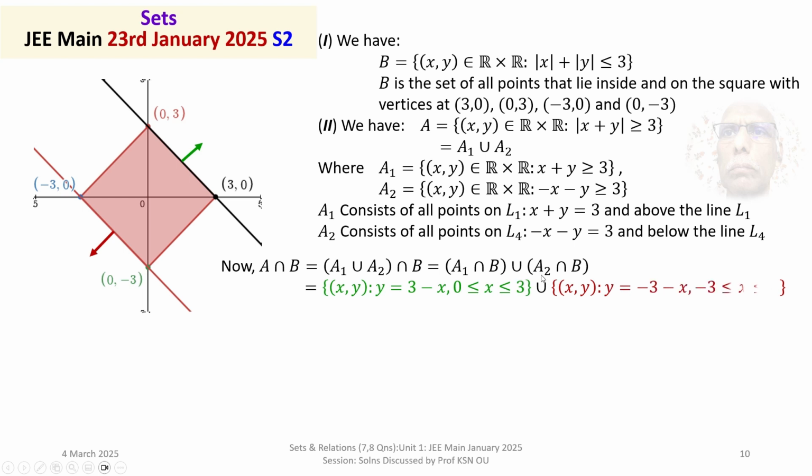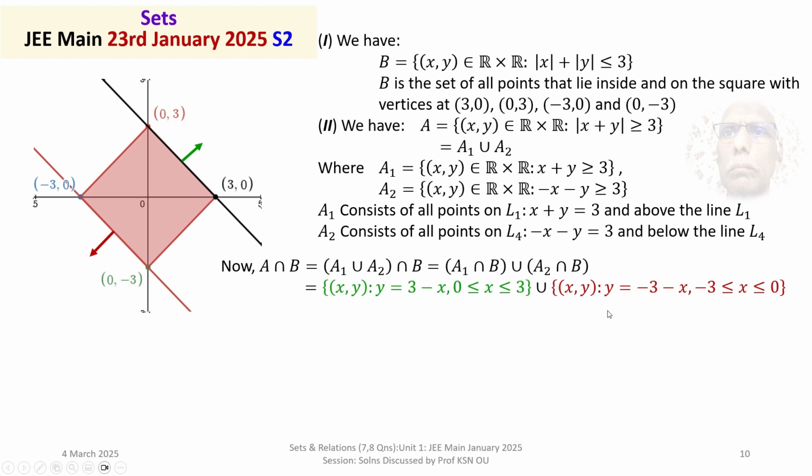What is A2 intersection B? A2 is this region, those points lying on this line and below this line, intersection with B is this line segment joining minus 3, 0 to 0, minus 3.